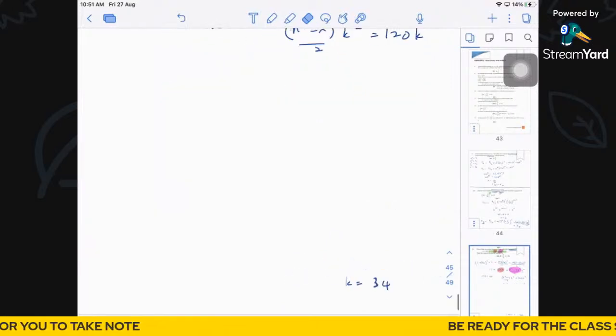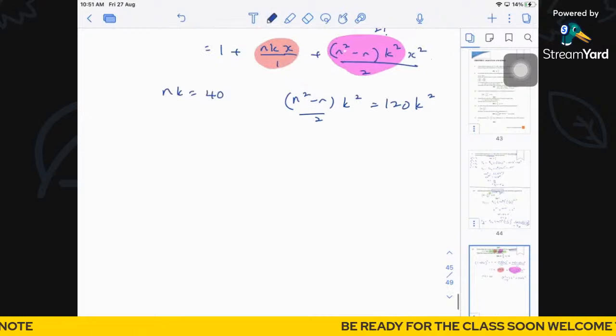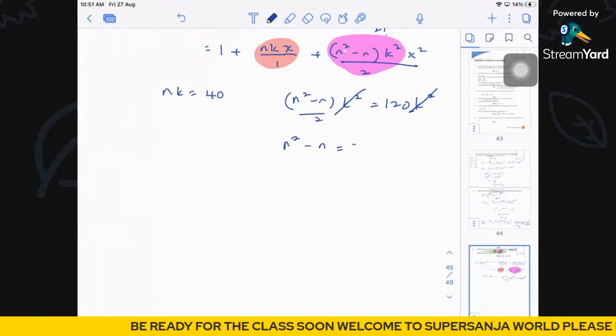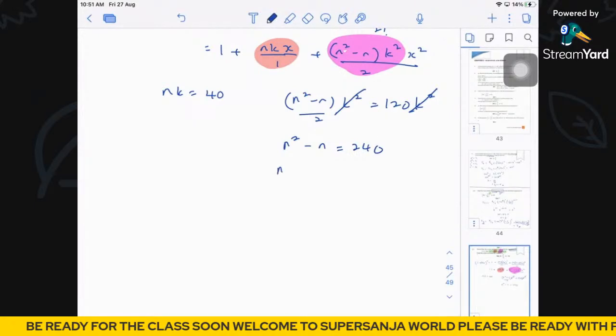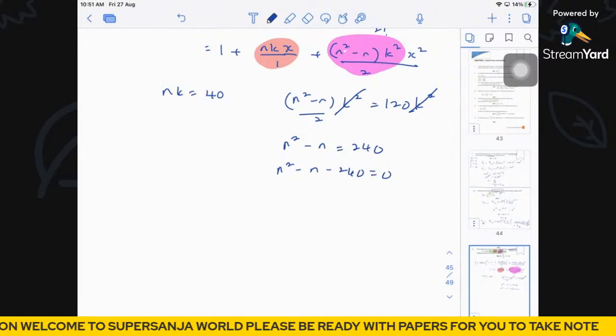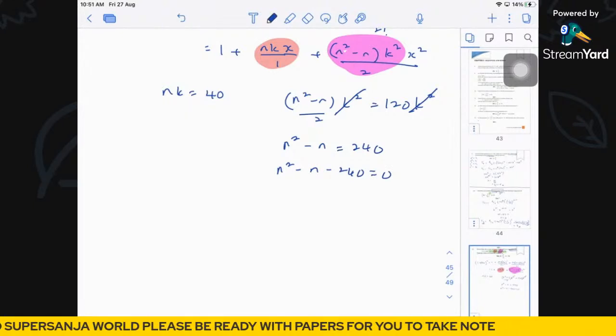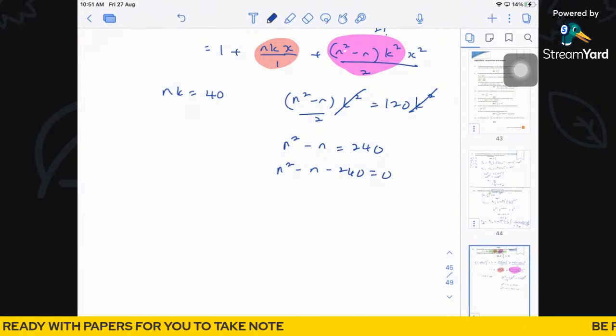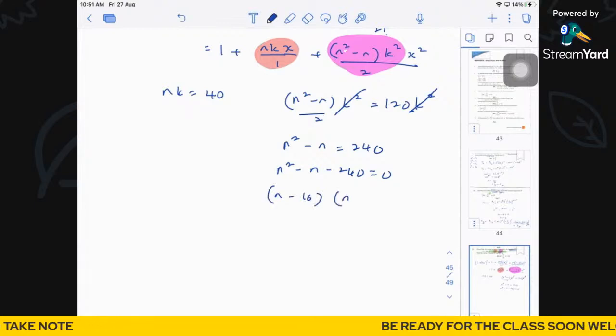Again, I redo. Okay, so if you look over here, k squared can cancel. So n squared minus n equals 240. You shift over: n squared minus n minus 240 equals 0. Use a quadratic equation: 1, negative 1 and negative 240. So (n minus 16)(n plus 15) equals 0.